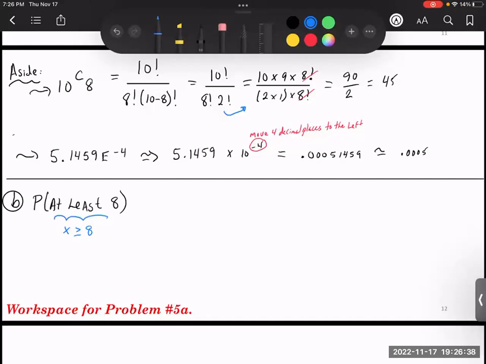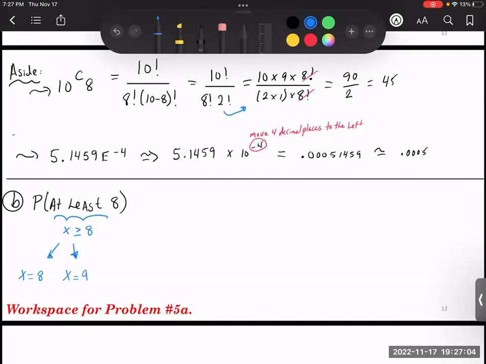Now there's going to be a stopping point here, right? In this symbol, based on this problem, x can definitely equal 8 because of the equal sign underneath the greater than sign. What's another possible value for x? 9.